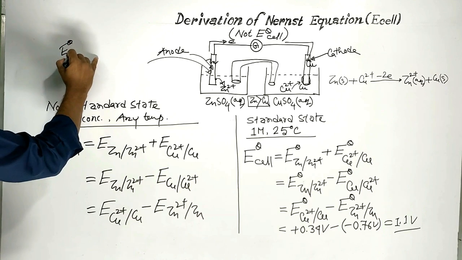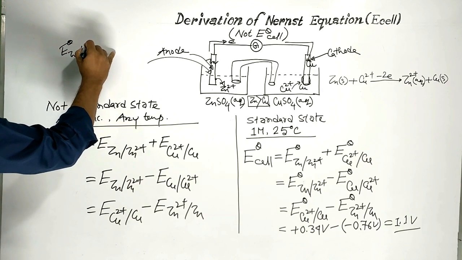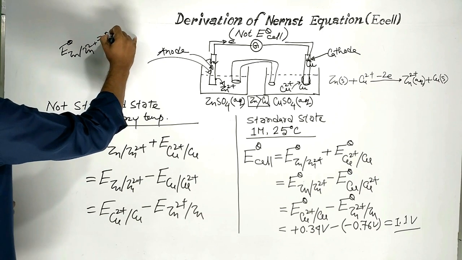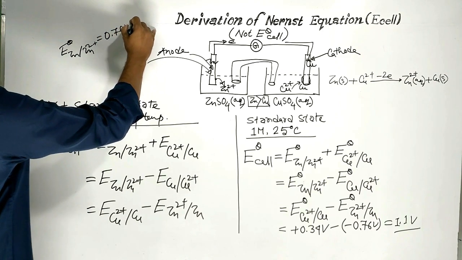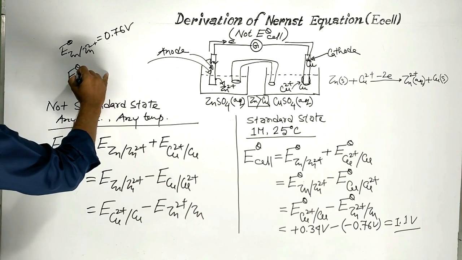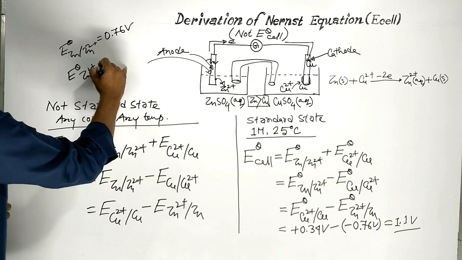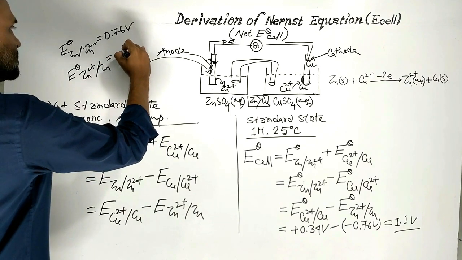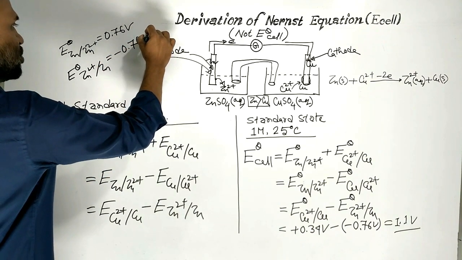That is, standard state oxidation potential of anode is known, plus 0.76 volt, and standard state reduction potential of anode is minus 0.76 volt.